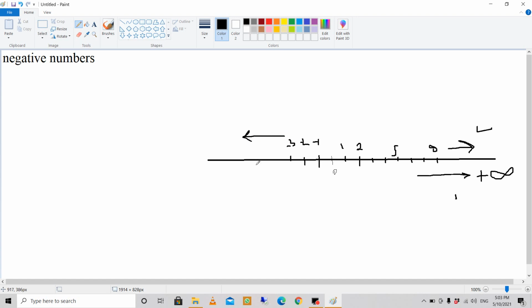For example, this is -10, and after that minus hundreds and thousands, and then millions and billions. If we keep on moving towards this side, this will move up till negative infinity.